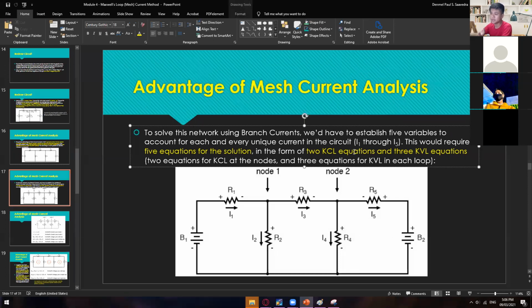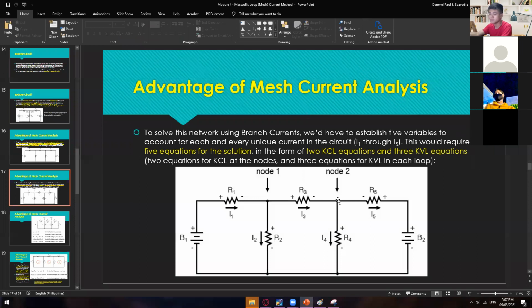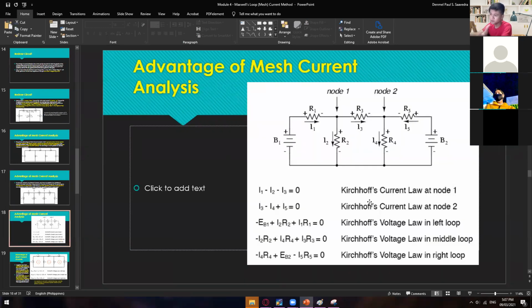For Kirchhoff's law, you'll have 2 KCL equations and then 3 KVL equations. So 1 KCL on node 1 and 1 KCL on node 2, and then 3 KVL on each of those loops. Here's the example analysis using Kirchhoff's law. We have 2 KCL and then 3 KVL.